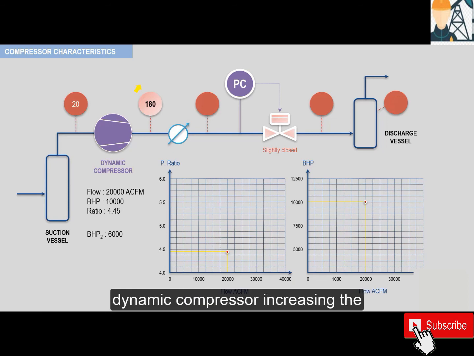In the case of a dynamic compressor, increasing the pressure ratio will result in a lower compressor flow rate, since the only way a dynamic compressor can develop a higher pressure ratio is at a lower gas velocity, so lower flow rate. Simply stated, the longer the gas is in contact with the energy producer, which is the blades, the higher the pressure ratio. For a dynamic compressor, this means the flow rate must decrease.